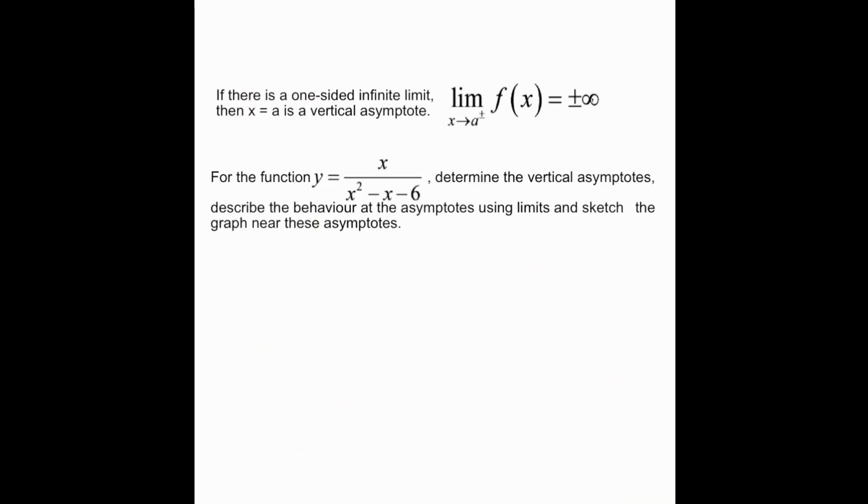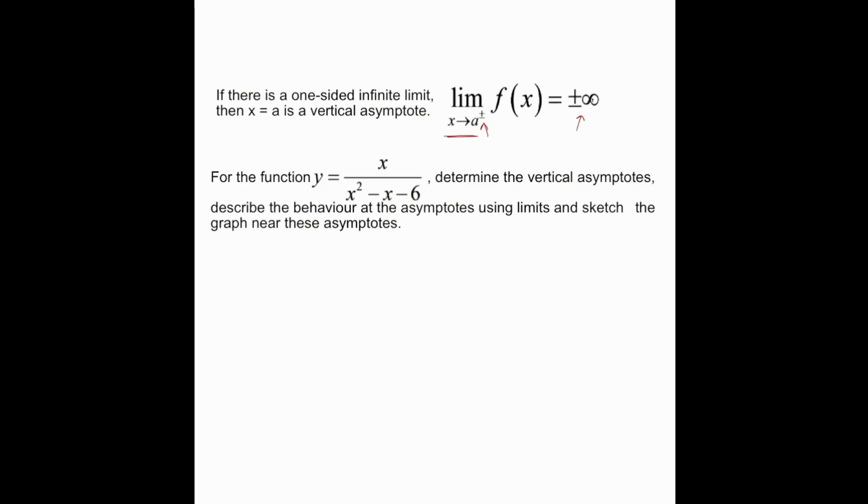So what does this mean in general for asymptotes? Well, if there is a one-sided infinite limit, then x equals a is a vertical asymptote. And we would write that by saying the limit as x approaches a from either direction of f at x will equal, or approach, positive or negative infinity.